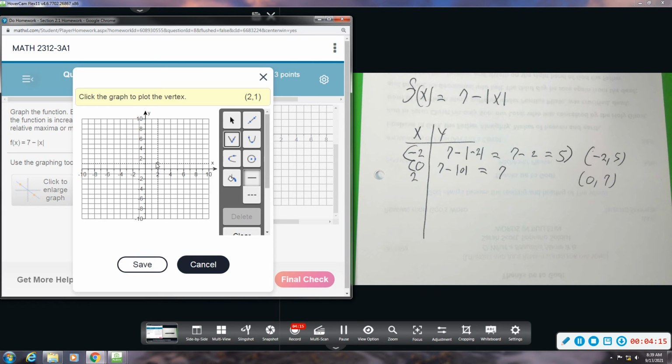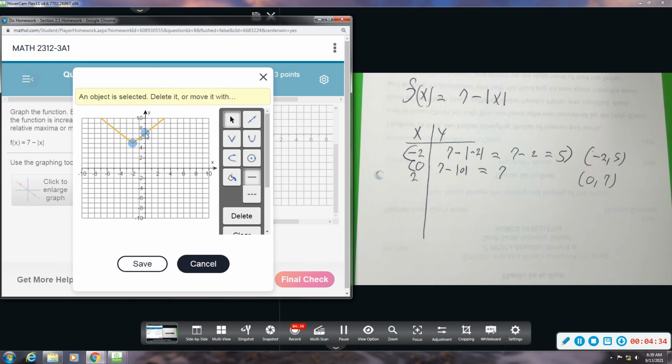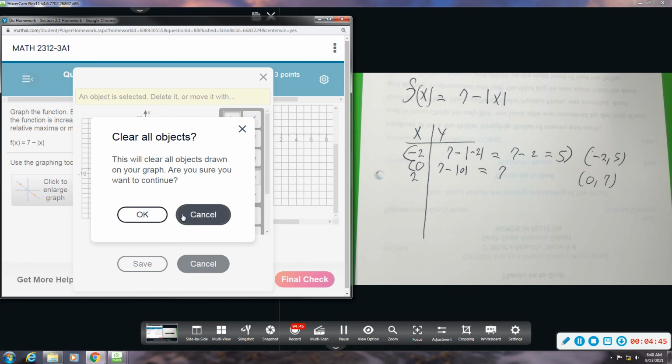We're going to go to the ordered pair -2, +5, and then we're going to go to the ordered pair 0, 7, which it seems like they want us to graph the vertex first, the very center of this graph. So I'm wondering if I shouldn't be graphing the 0, 7 first.